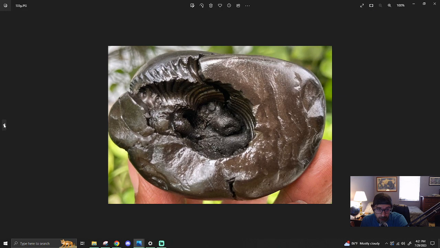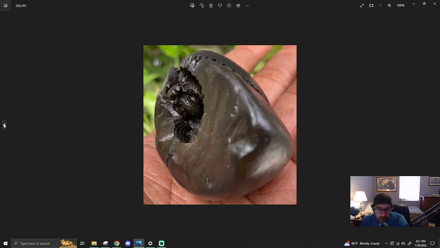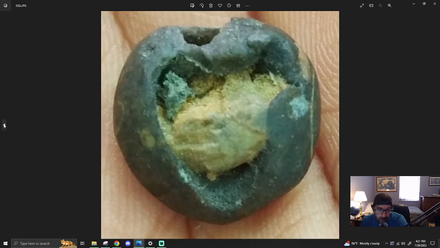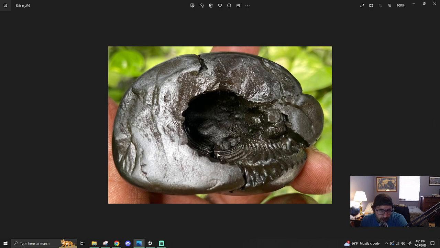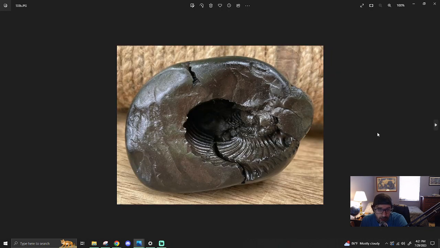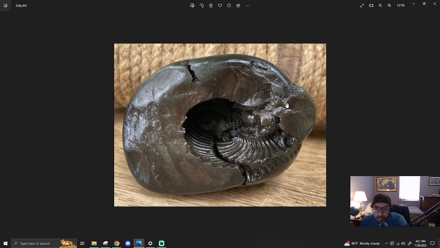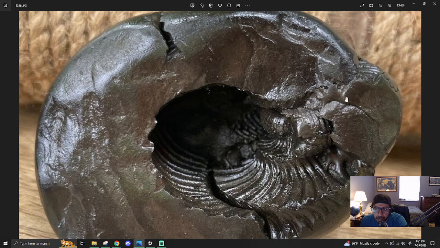Let's see if we can find the... Go back to this. It's hard to see in the reflection there. This we can kind of see pretty good. This comes up and into this region above it in a bit of a weird way, I'd say.